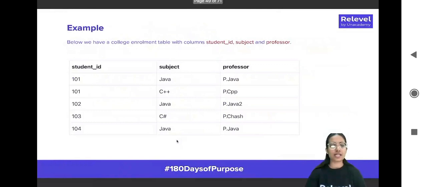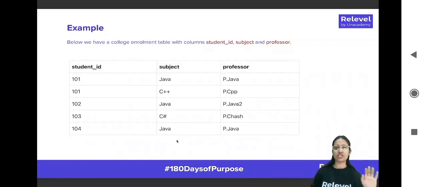But let's understand it the best way, that is by using examples. Here we have an enrollment table with the student ID, the subject ID and the professor. It shows which student has enrolled for which subject and which professor is teaching that subject.